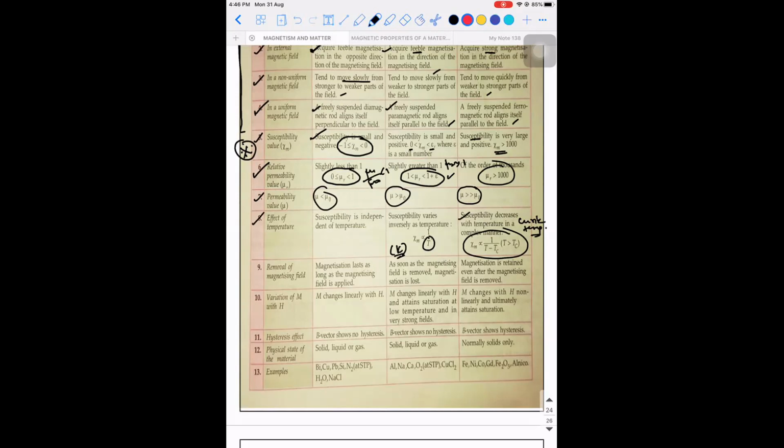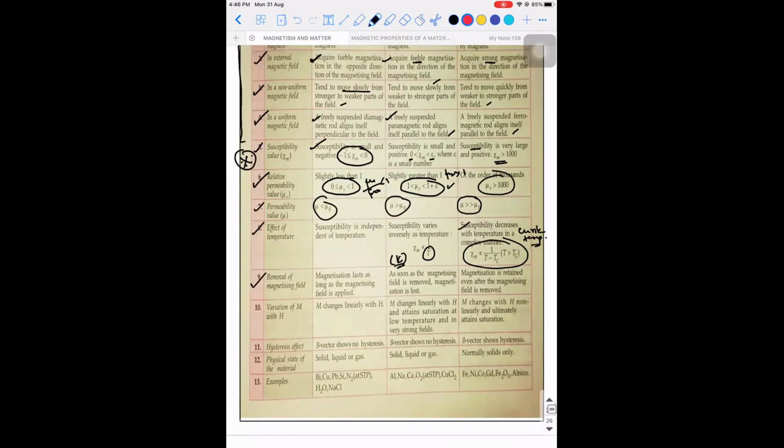Okay, now tell me guys, when you remove the magnetizing field, that is when you remove the external magnetic field, what will happen to a diamagnetic substance? It is immediately lost, meaning it will easily get demagnetized because it is already getting feeble magnetization only. So it is easy for it to lose its magnetic property.